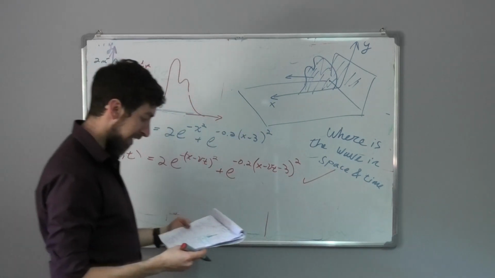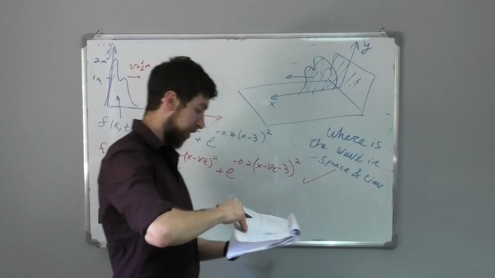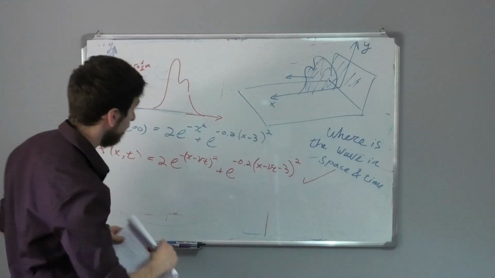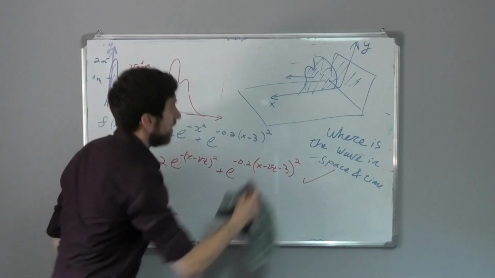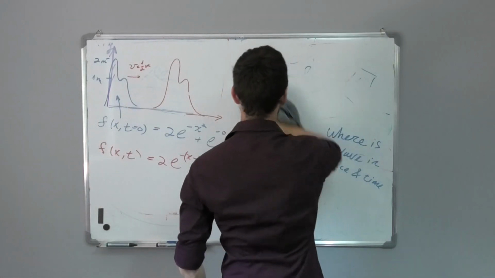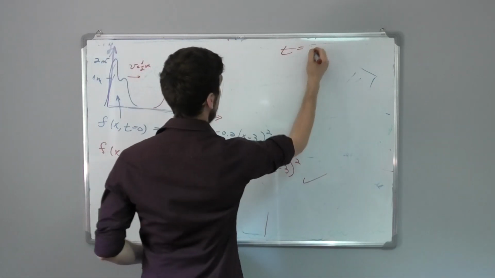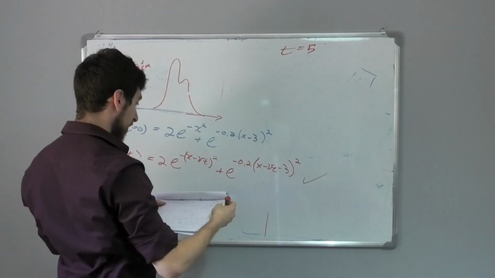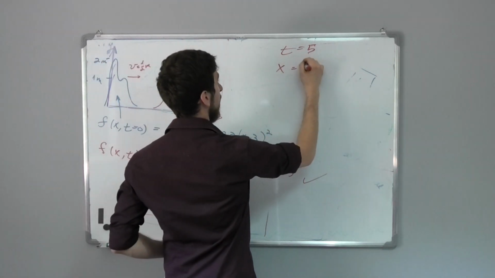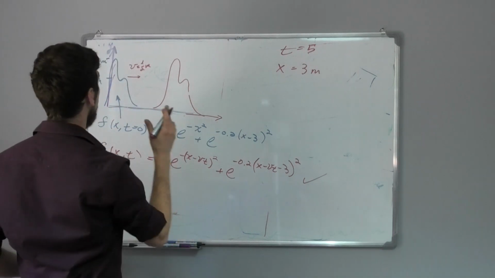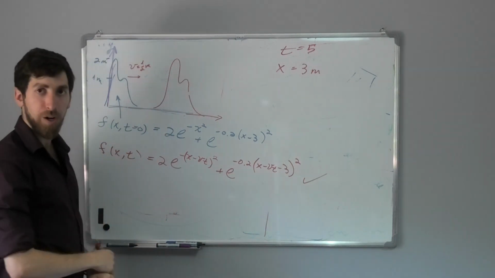Perfect. And the second question right now is at a specific time. Let's clean this one. The specific time. Okay, specific time. Let's say t equals 5, and at the location x equals 3 meters. Okay. What does the wave look like?